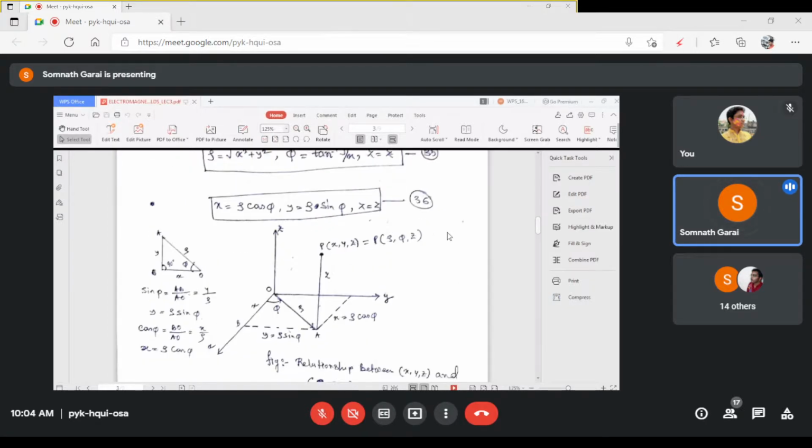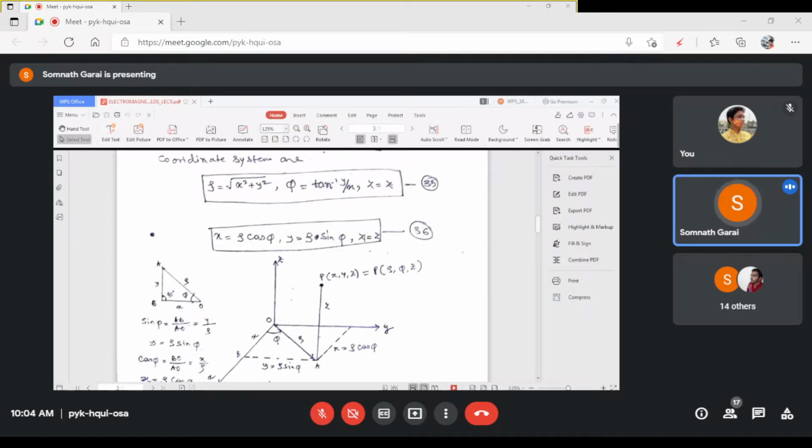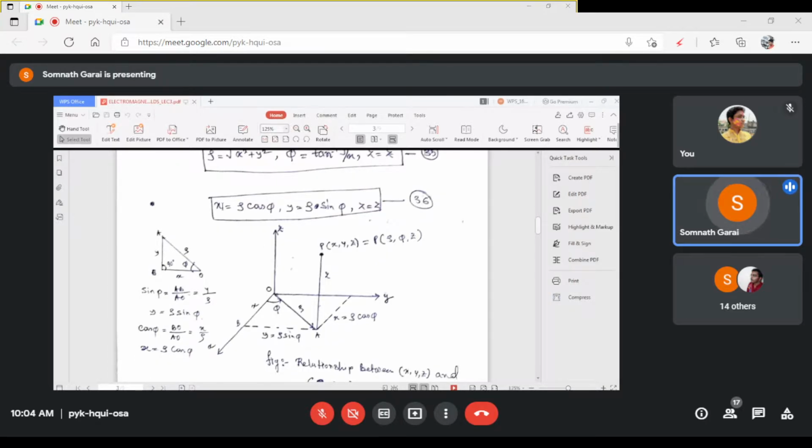Okay, now the relationship of Cartesian to cylindrical. The relationships are x is equal to rho cos phi, y is equal to rho sin phi, and z is equal to z.